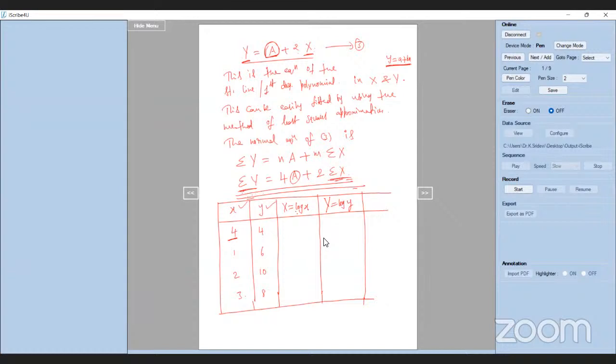Log 4 value is wrong, 0.60205. Scientific calculator, where is logarithm?